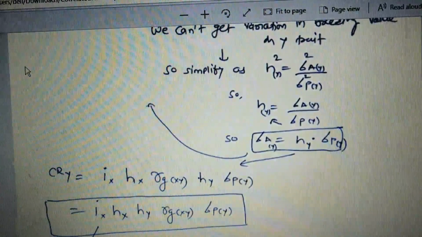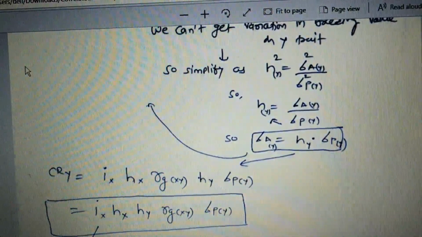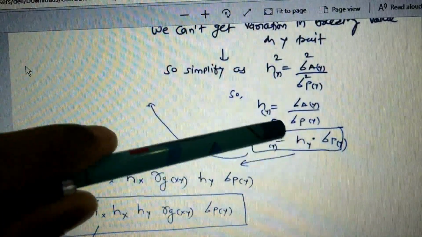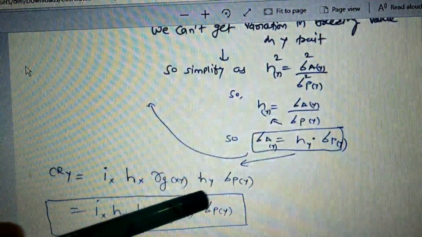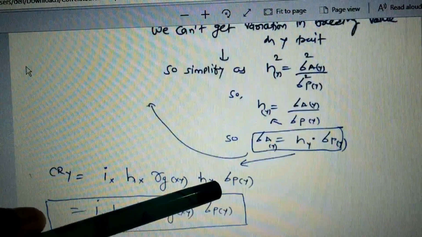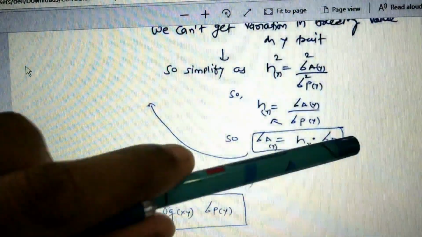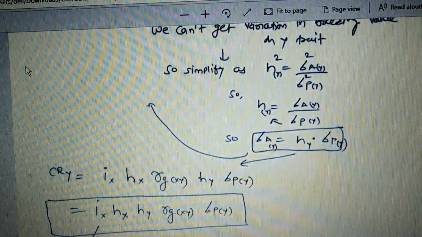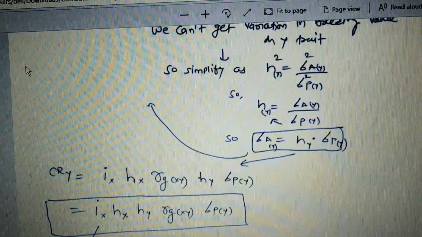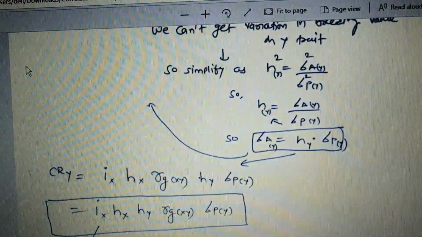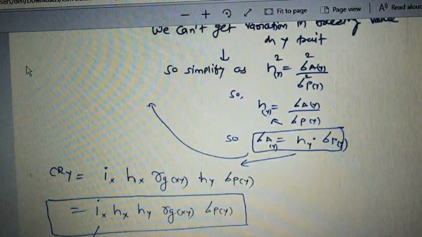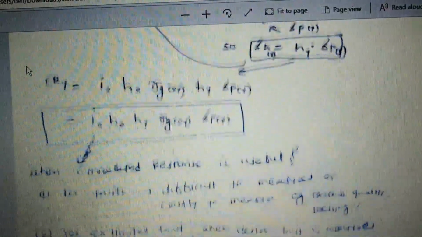So the correlated response to selection is equal to Ix, hx, rg, hy, the square root of heritability for the Y trait, and the phenotypic standard deviation for the Y trait. So our correlated response to selection formula, CRY, is equal to Ix, hx, hy, rg into the phenotypic standard deviation for the Y trait. Okay.